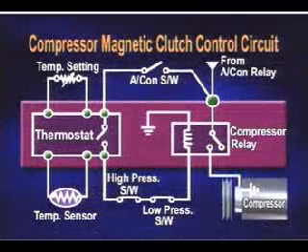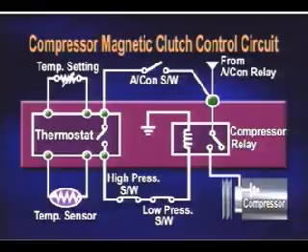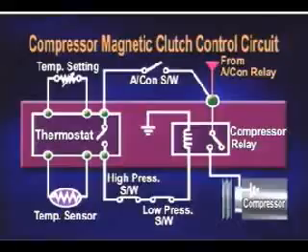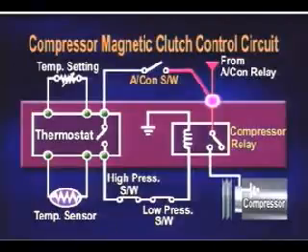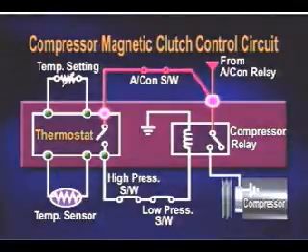Now, let's learn about the compressor magnetic clutch control. The control circuit diagram of the compressor magnetic clutch is shown on the screen. Power, supplied through the air conditioner relay, waits at the switch terminal of the compressor relay and air conditioner switch. When the air conditioner switch turns on, standby power is supplied to the thermostat.